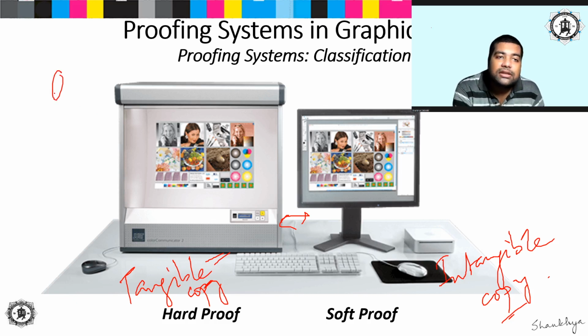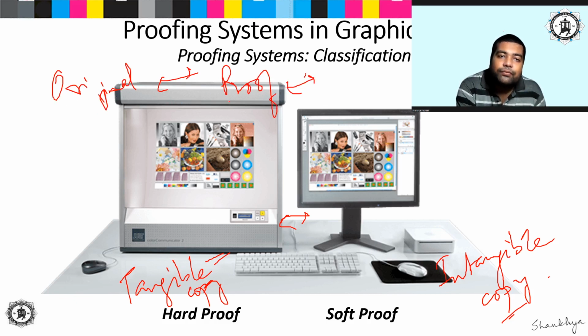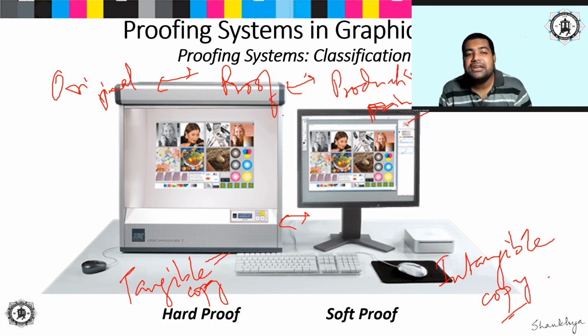First is the original that is given by your client, then comes your proof, and then comes your production print, right? So it is a very difficult task to maintain visual parity between all three things: your original, your proof, and the production print. How all this is done is a different chapter, a different discussion altogether, so we are not doing that here. We're just talking about how proofs are actually made, right?